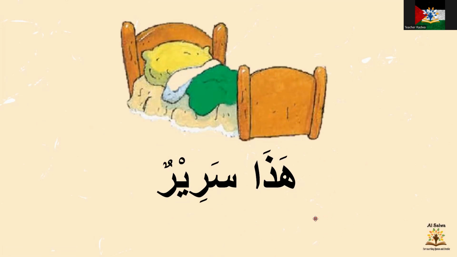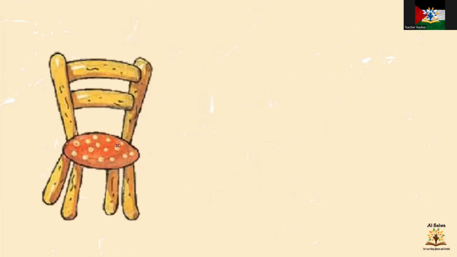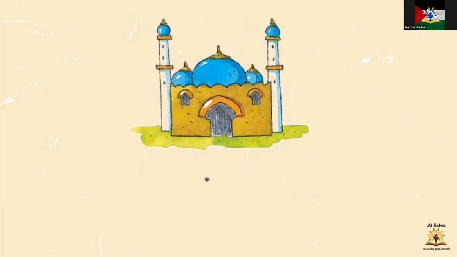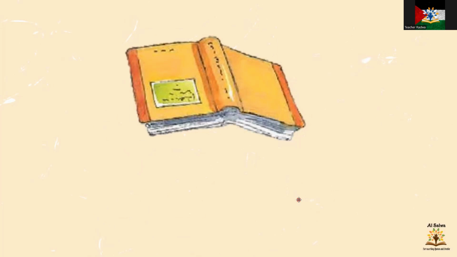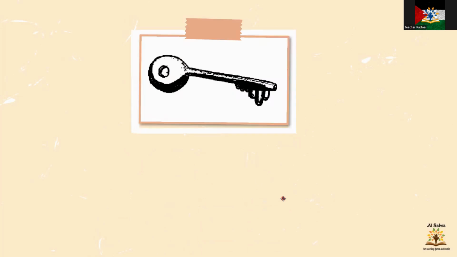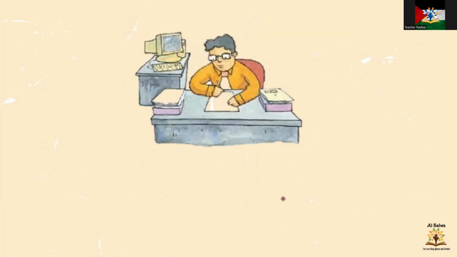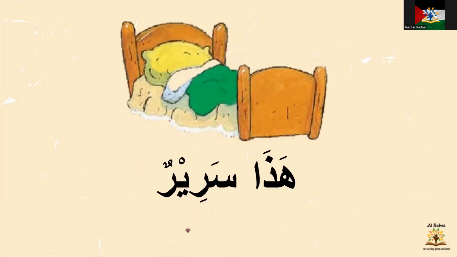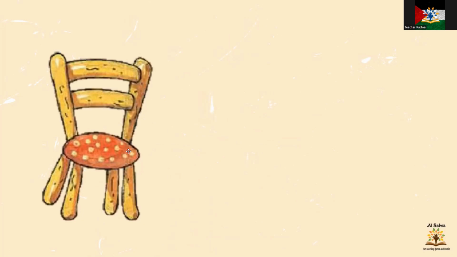Let's get a quick revision before we continue. So the first one, it was بيت, مسجد, باب, كتاب, قلم, مفتاح, مكتب, سرير, and this one, كرسي. كرسي means a chair.